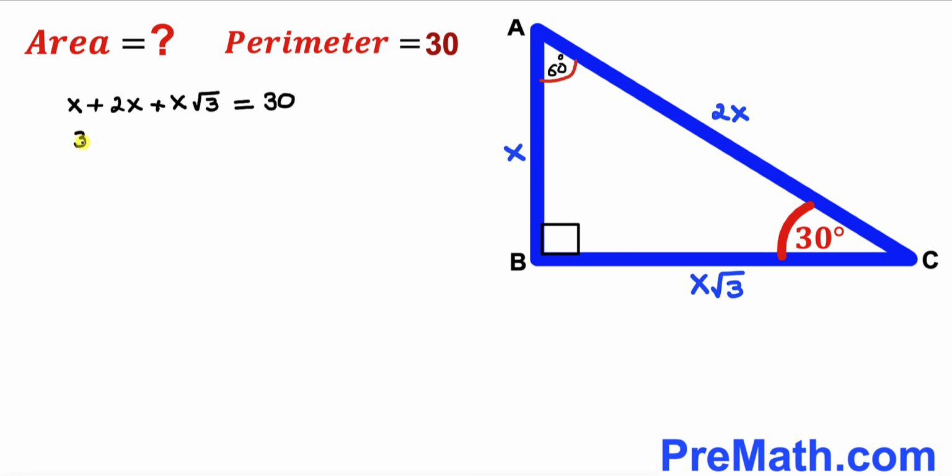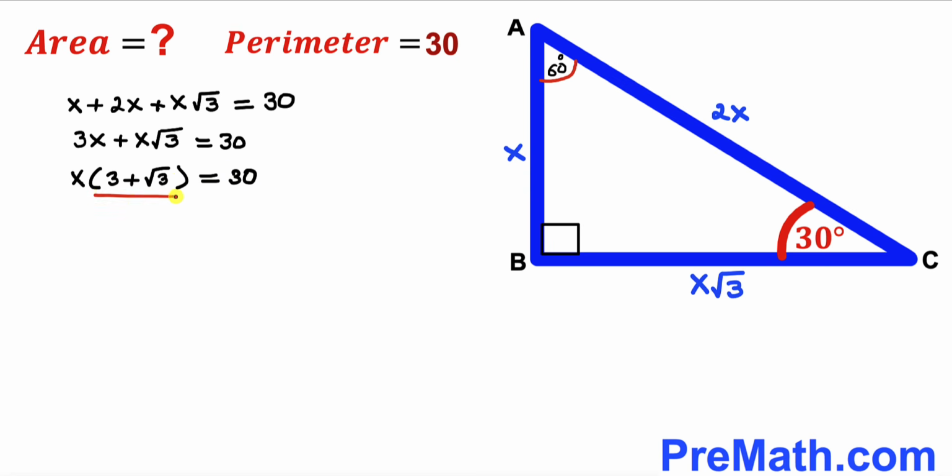That gives us 3x plus x times the square root of 3 equals 30. Now we can see x is common, so I can write x times the quantity 3 plus the square root of 3 equals 30.